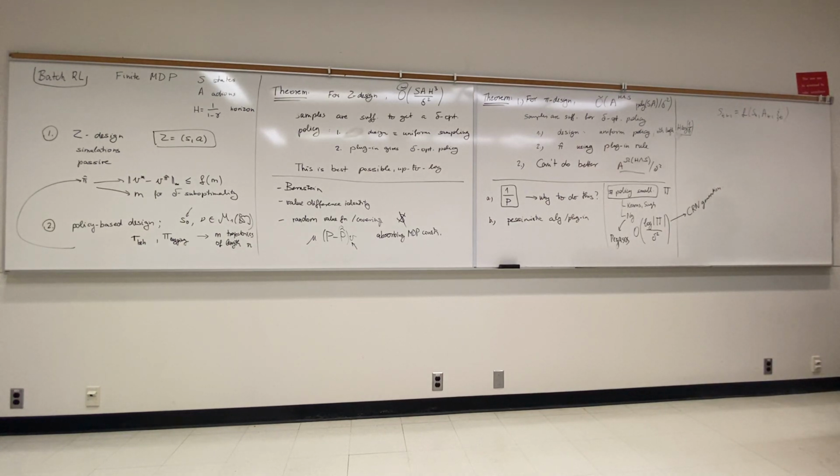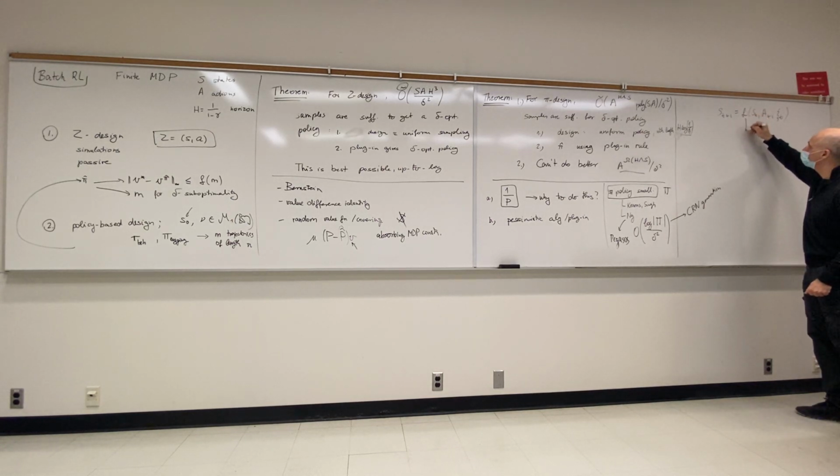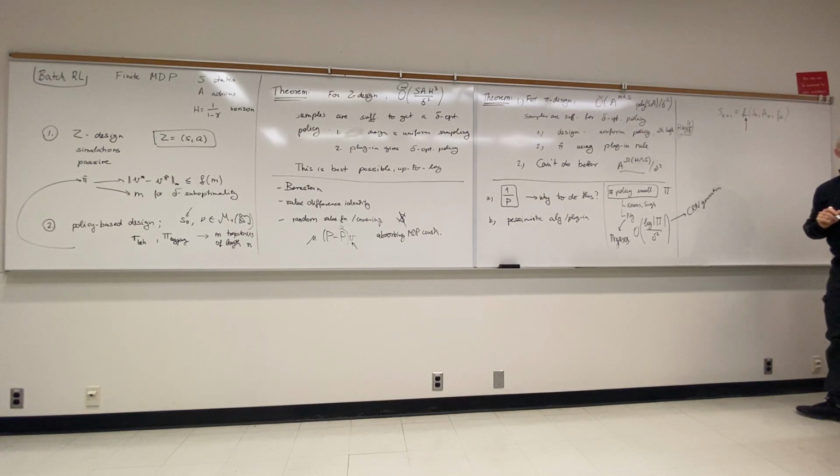Regardless of what MDP you studied, you can always find a function F such that the distribution of the next state follows the desired distribution given any state-action pair that you start from. And they say that if you have access to this F, then you can be clever.